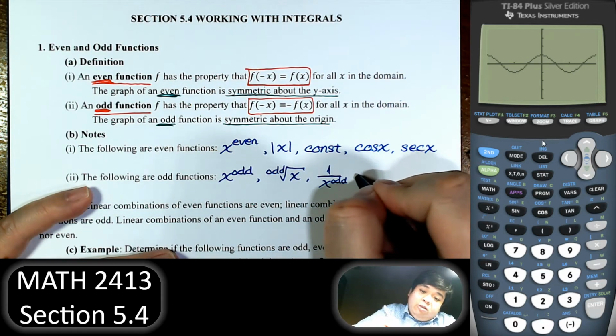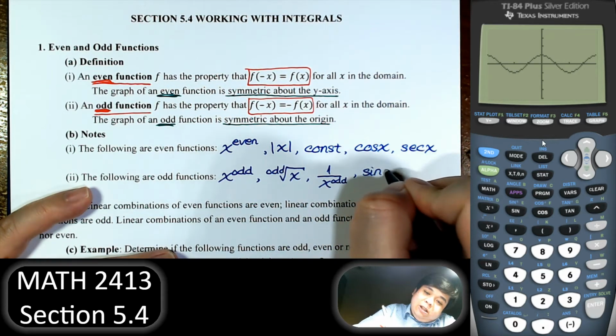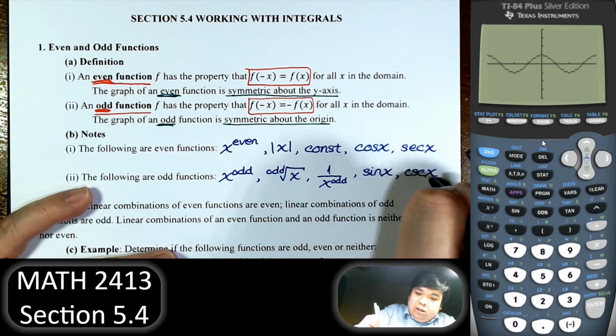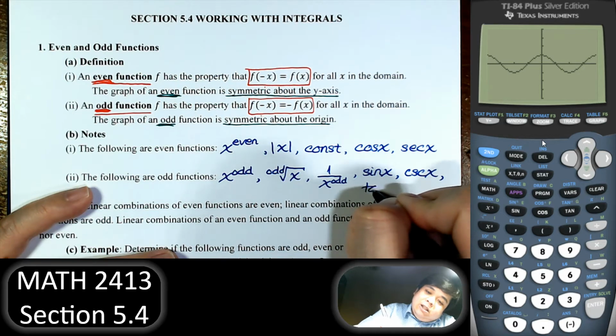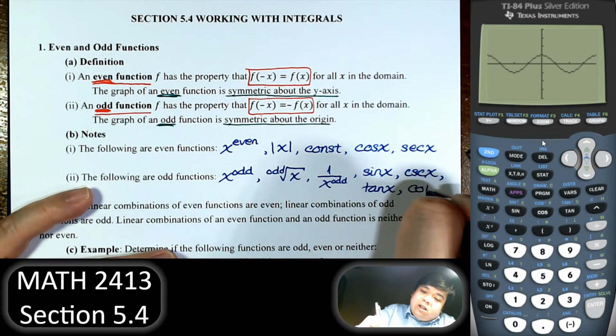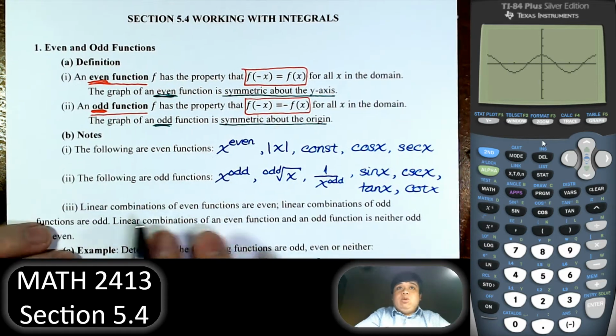And in terms of trig functions: sine, the reciprocal of sine, which is cosecant, tangent, and the reciprocal of tangent, which is cotangent. So those functions are even, those functions are odd.